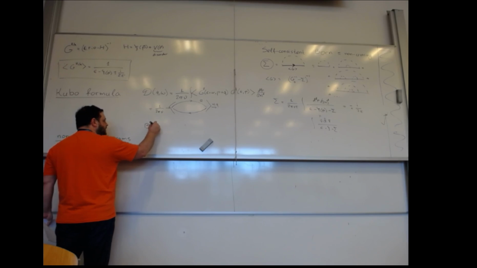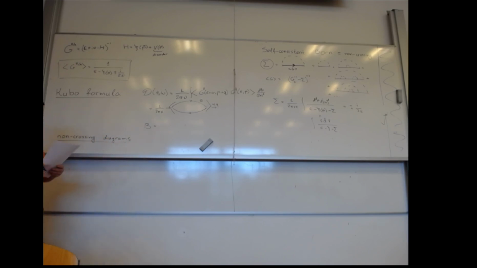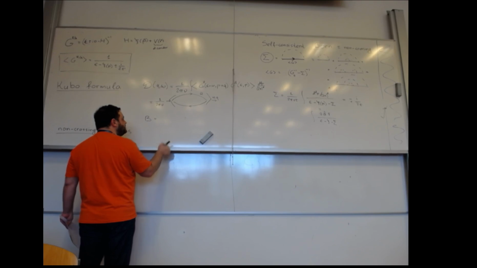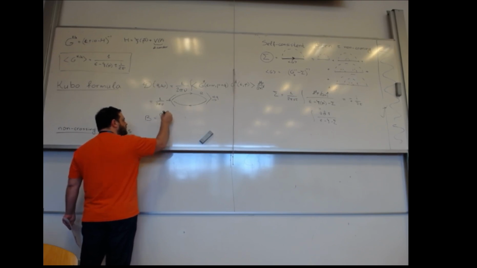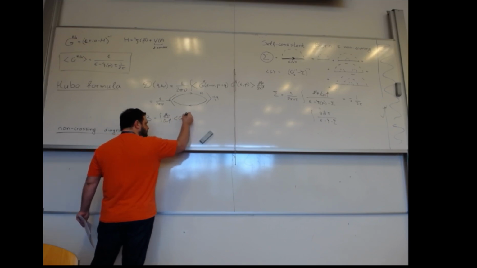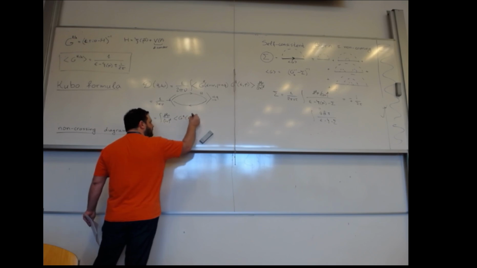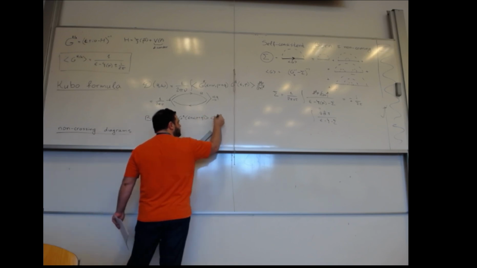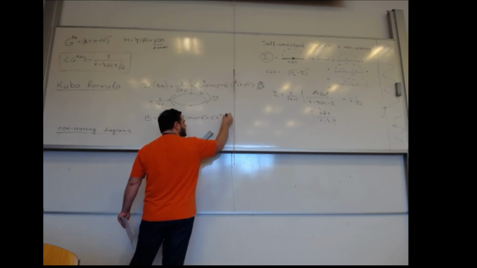This object I will denote by B. So B is, by my definition, the integral over all momenta of the product of average G^R of epsilon plus omega times average G^A of epsilon.